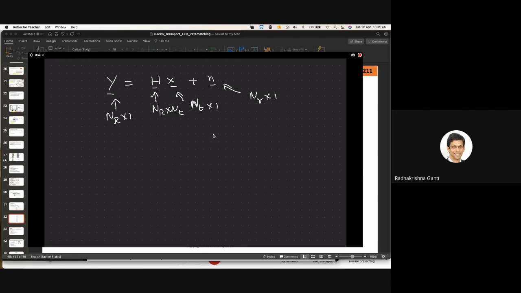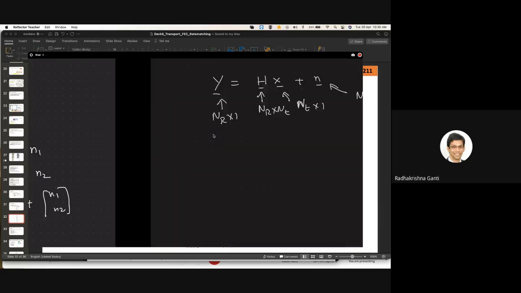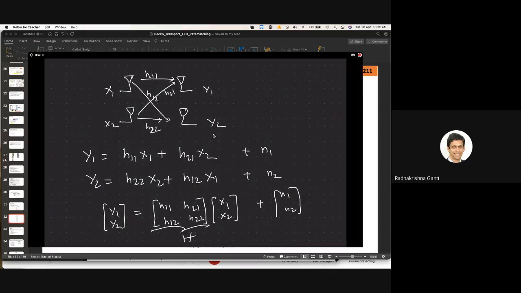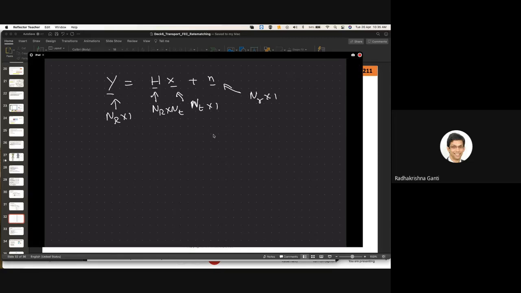Everyone agrees with this? The same thing. I just denoted this as H, denoted this as my vector X, this as Y, and this as noise vector. Is this fine? Okay, good.